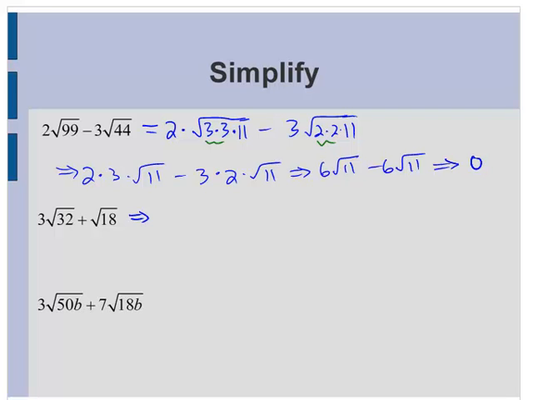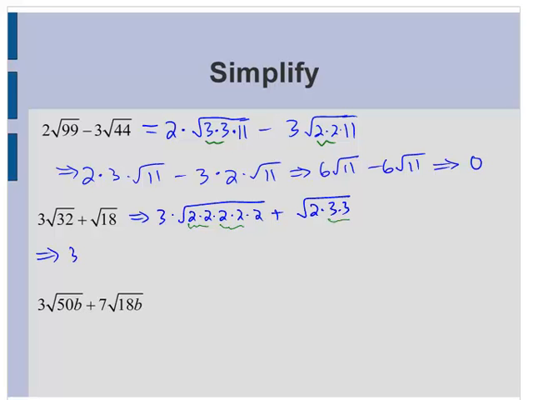Alright, so let's see, we'd have 3 times the square root of 32, and 32 is 2 times 2 times 2 times 2 times 2, and 18 would be the square root of 2 times 3 times 3. So I've got 2 pairs of 2's in the first radical, and I've got a pair of 3's in the second radical.